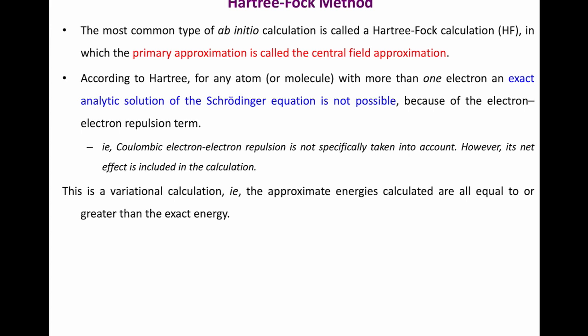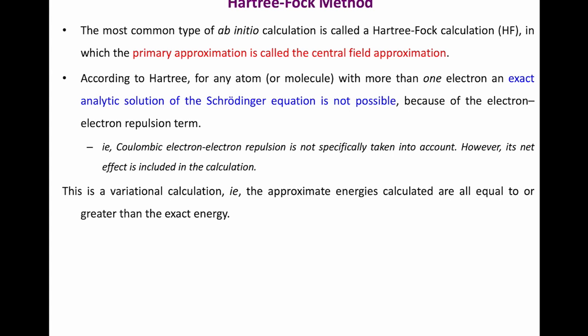Each electron-electron interaction is not specifically taken into account, and we take only the net effect of the inter-electronic interaction during calculation. This is a variational calculation, that is, the approximate energies calculated are all equal to or greater than the exact energy.